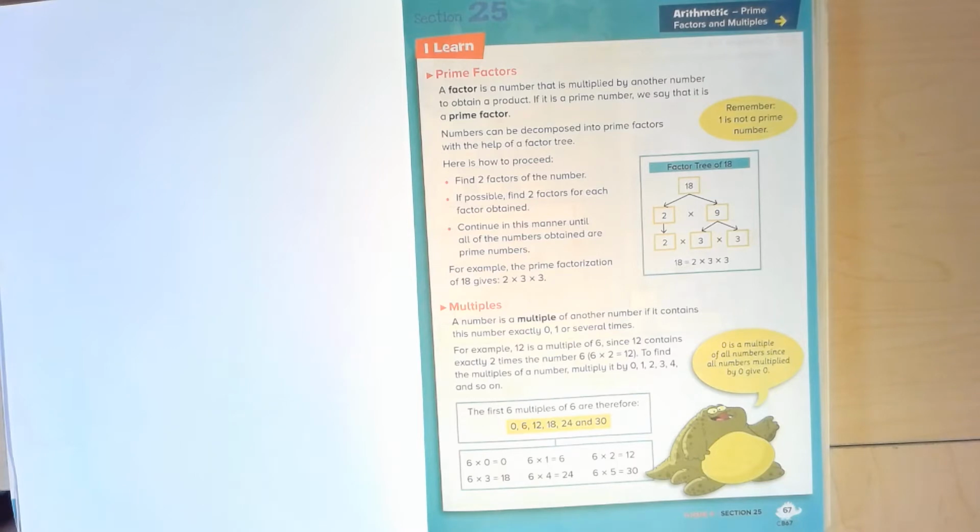But our prime numbers under 10 would be 2, 3, 5, and 7. So the first 4 prime numbers are 2, 3, 5, and 7. You can't put the number 2, 3, 5, or 7 into equal groups of 2 or more. Does that make sense? Great.